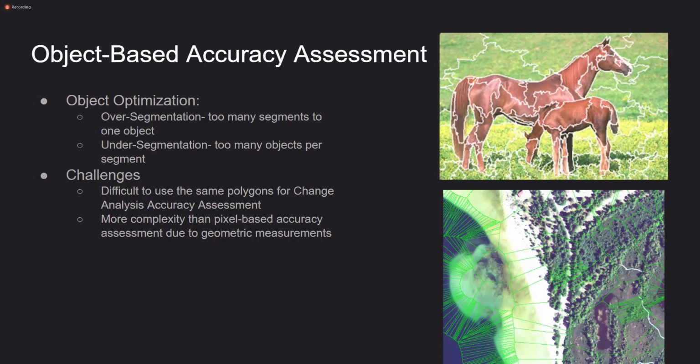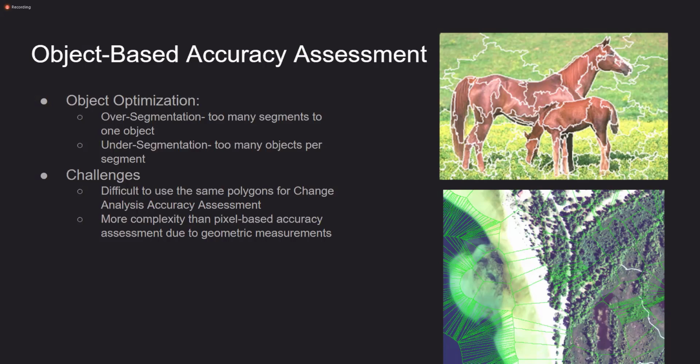Some other challenges. It's difficult when you're doing an object-based accuracy assessment because of the objects that you're using, if you're doing a change analysis, for example. So let's say you're looking at time 1 and time 2, the objects are likely to either physically move or spectrally move.